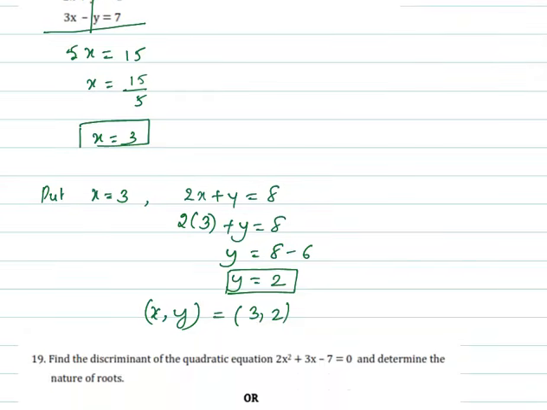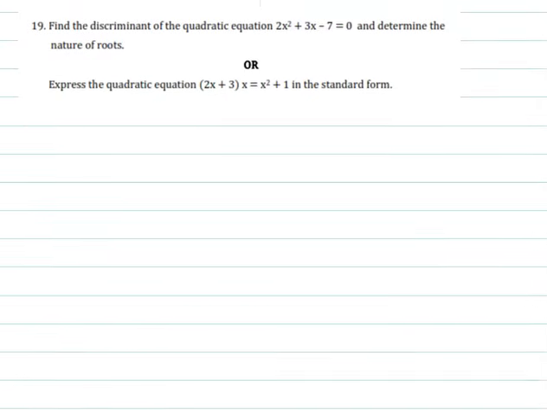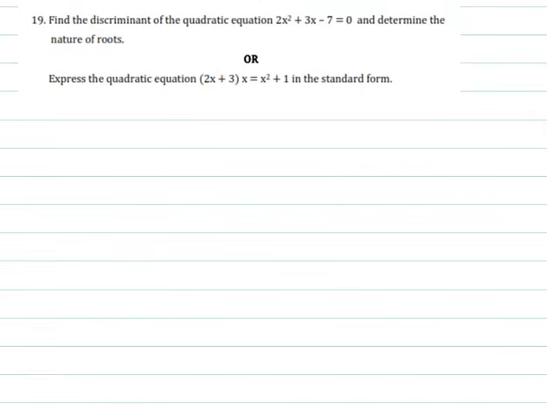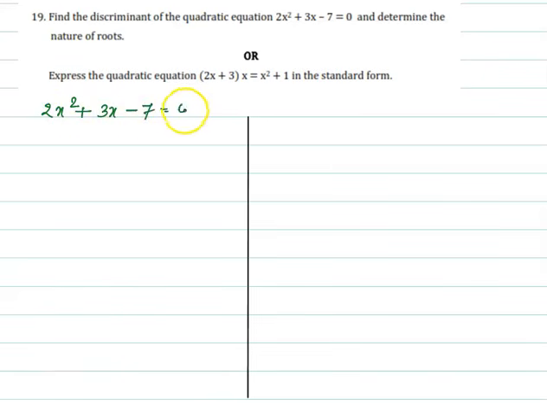Now we'll move on to the third question. Find the discriminant of the quadratic equation. The quadratic equation given is 2x square plus 3x minus 7 equal to 0. A is equal to 2, B is equal to 3, C is equal to minus 7.